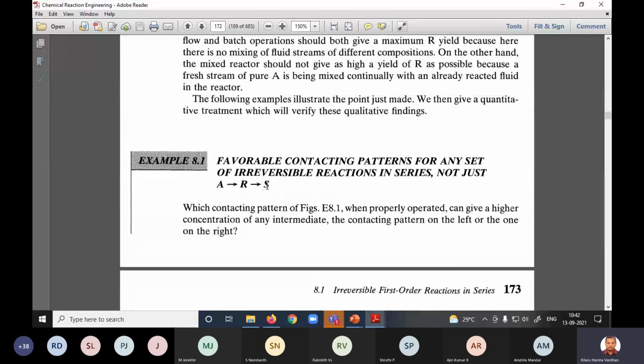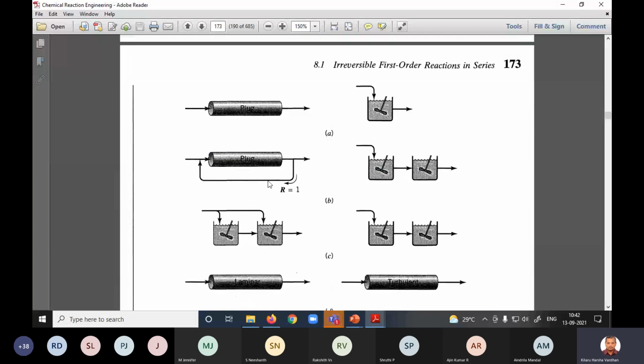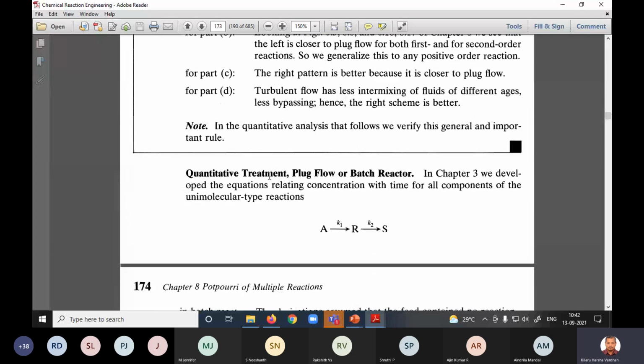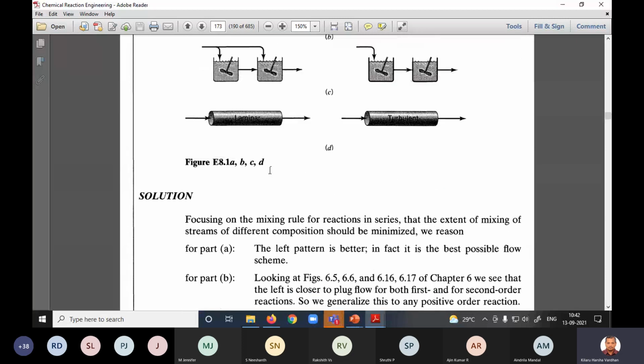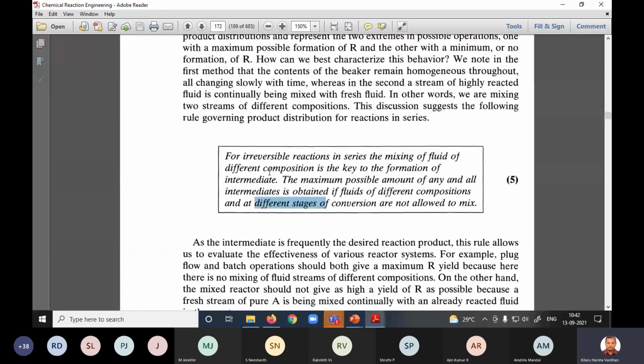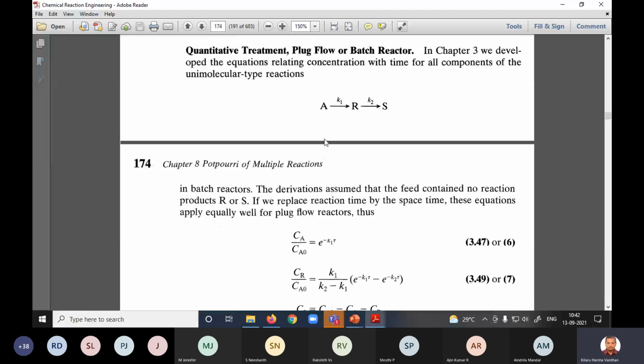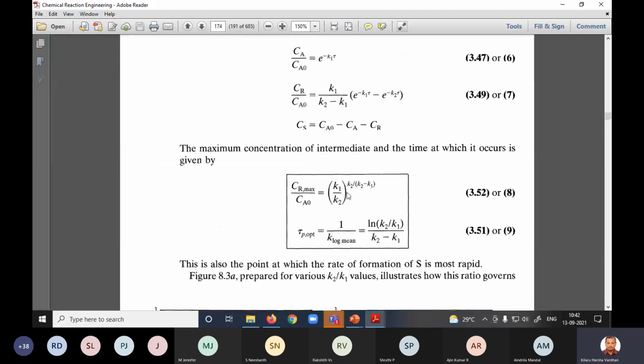Just to go through this problem, in the next class we can discuss more about this particular problem, right? So in the qualitative treatment of series reactions, the mixing is very important. That is what it tells. Whereas in the quantitative treatment, it will give you the equations which we already derived.